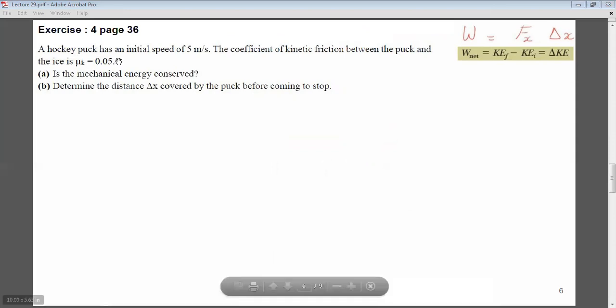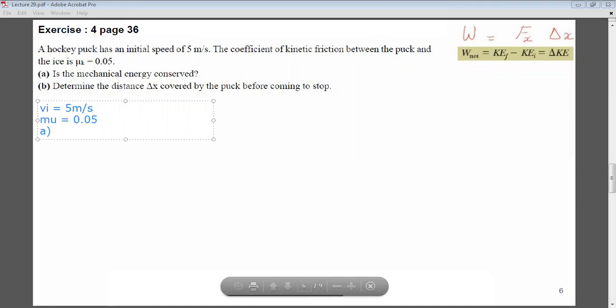A hockey puck has an initial speed of 5 meters per second. So let's write, the initial speed is 5 meters per second. The coefficient of kinetic friction, mu, is equal to 0.05. The first part: is the mechanical energy conserved? I have to remember, mechanical energy is conserved if there is no friction.